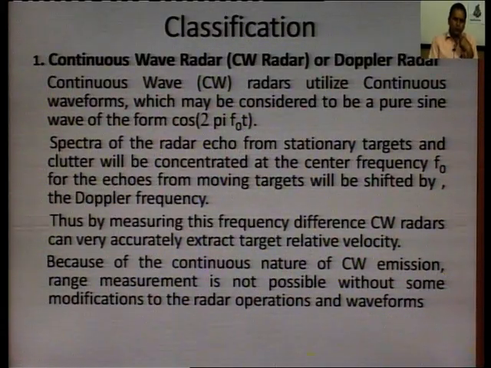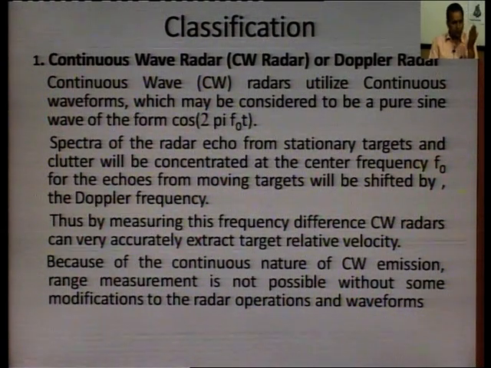Because of the continuous nature of CW emission, range measurement is not possible without some modification to the radar operations and waveforms. So, CW radar is continuous wave radar. This is another form of radar, as we just discussed the pulse radar. In CW radar, continuous waves are transmitted, and here we have two different antennas, a transmitting antenna and a receiving antenna.